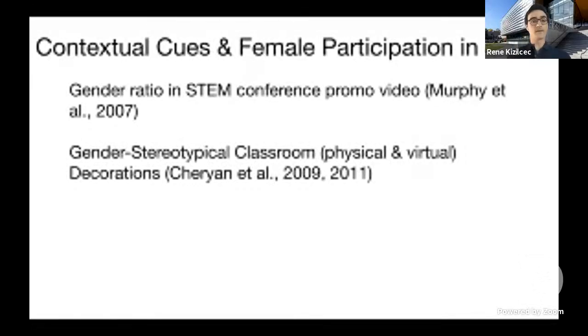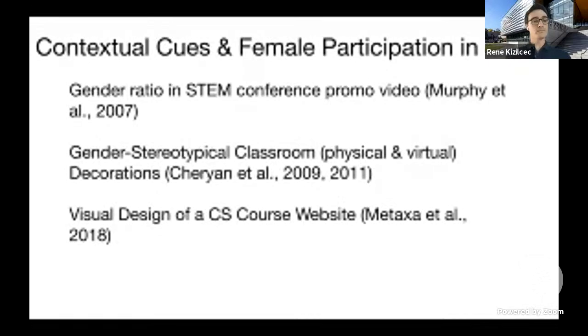Some more recent work at CHI a few years ago was looking at the design of a CS course website, and it used one that was more techy and cool looking, cool in the cold sense, and one that was more inviting, more welcoming. Replicating some of the prior findings, it also showed that women were more interested in the CS course if it had the more inviting appearance.